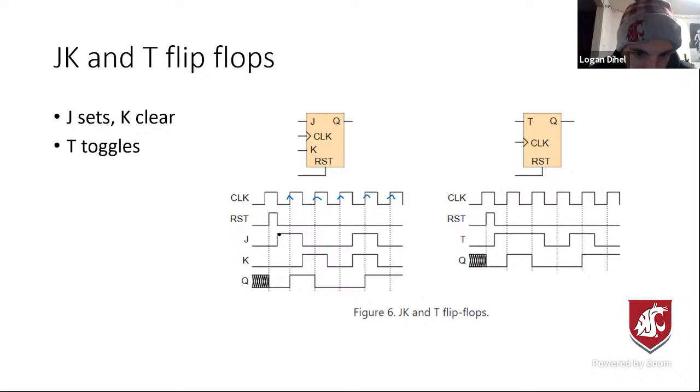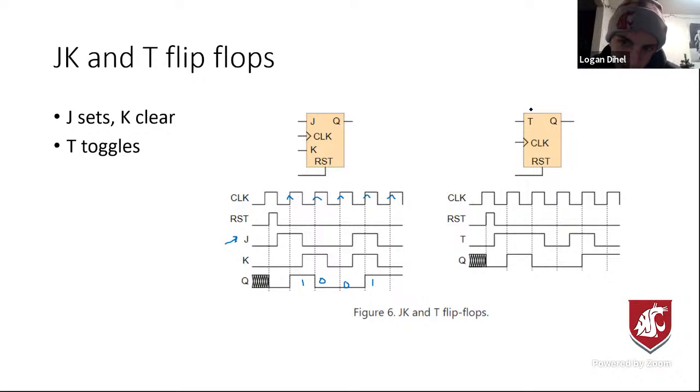You'll see that J's a 1, so we set it. And then K is a 1, so we reset it. And then here, nothing happens, so we just hold it. And then here, looks like J and K both go high, and we're going to a 1. So that looks like it's J dominant in that case.